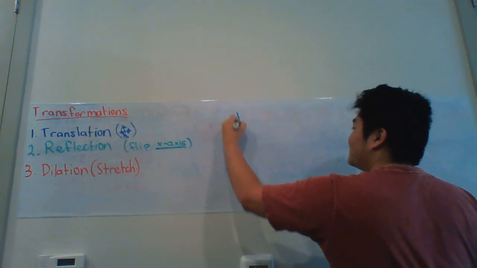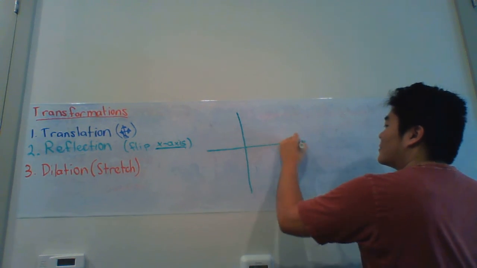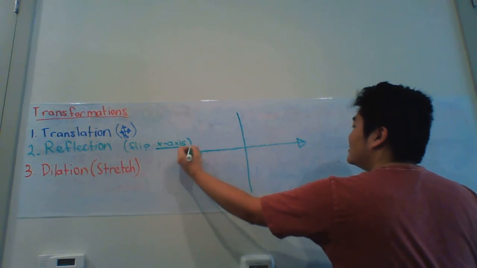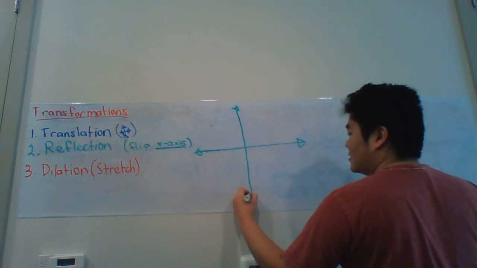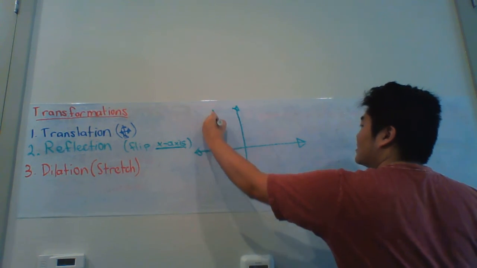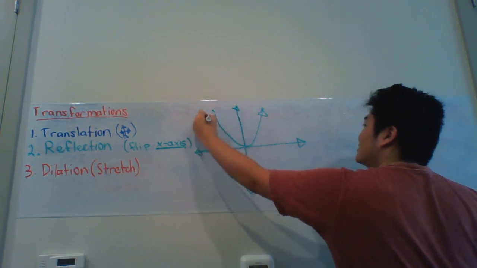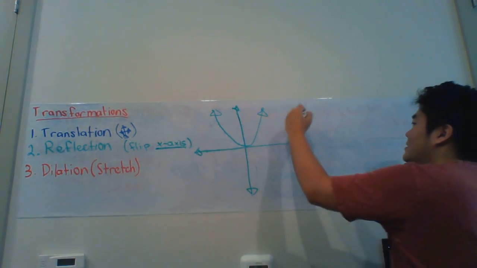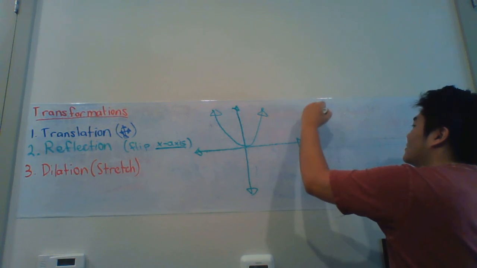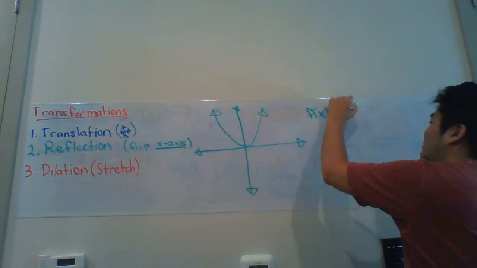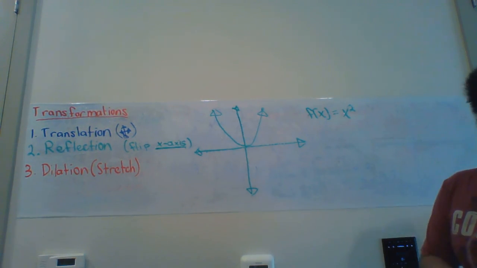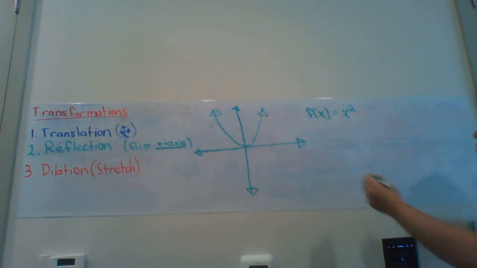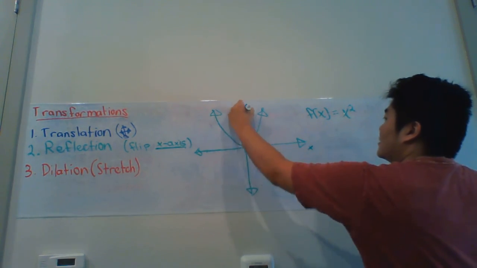All right, so I'm going to draw my coordinate plane just like normal. I'm going to draw my parent function, and same thing as normal. I'm going to start with that f of x equals x squared because that's what I'm starting with. Remember, I'm always starting with that parent graph, right?